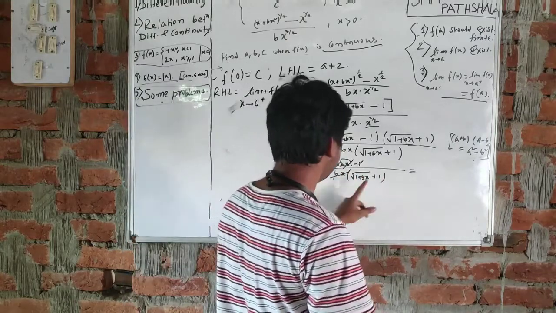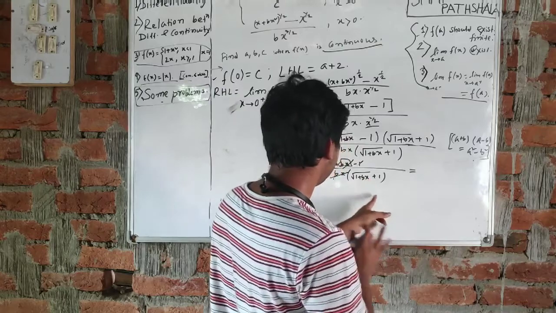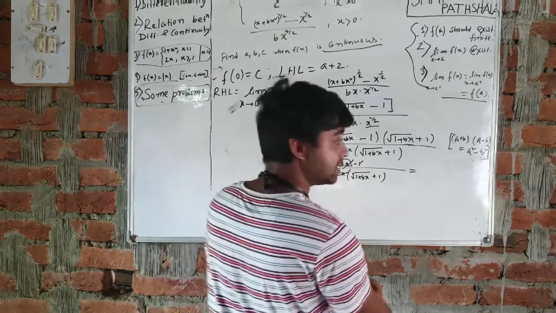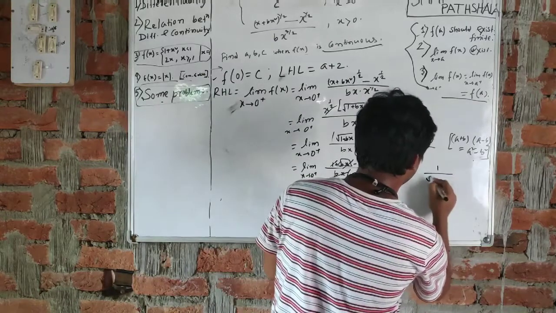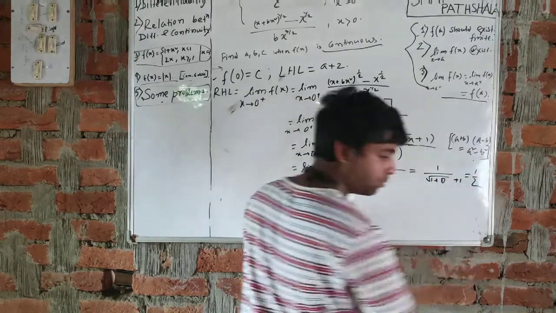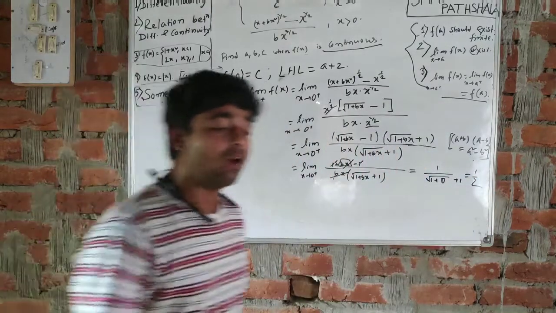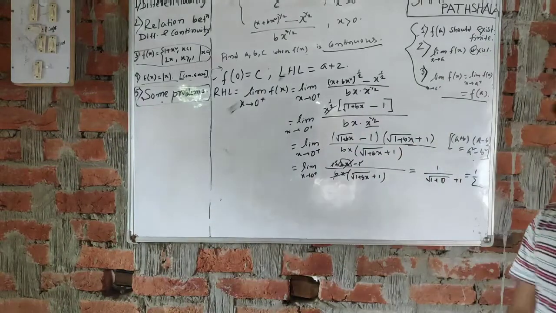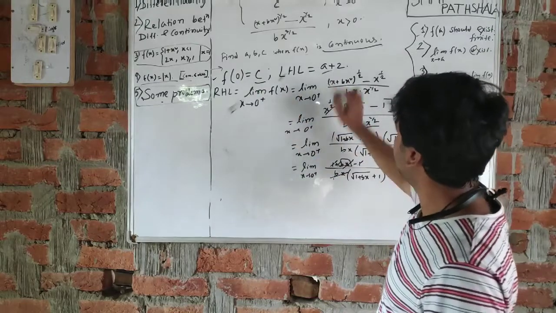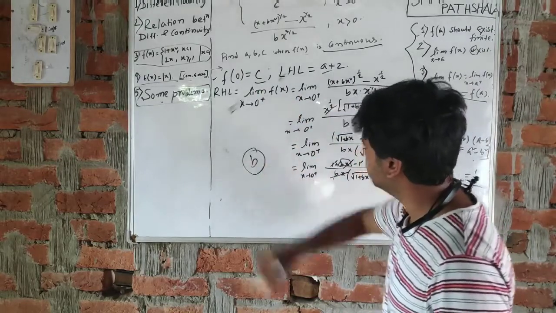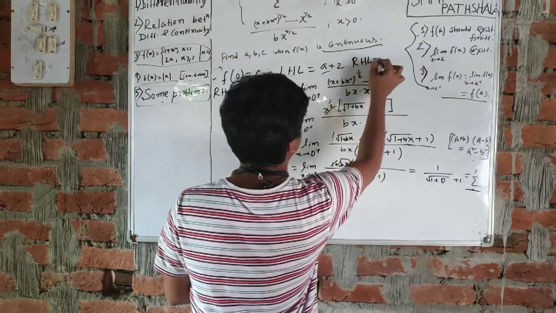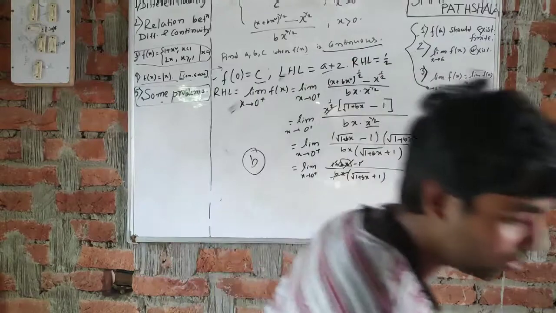So if we put 0 in place of x here, what we will obviously get is nothing but 1 by 1 plus 0 plus 1, and that is equal to half. Now we need to find out the values of c, a, and obviously b. That is, the right hand limit is half.